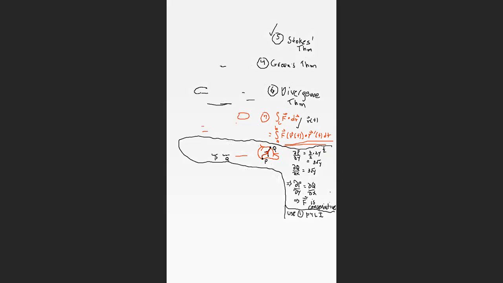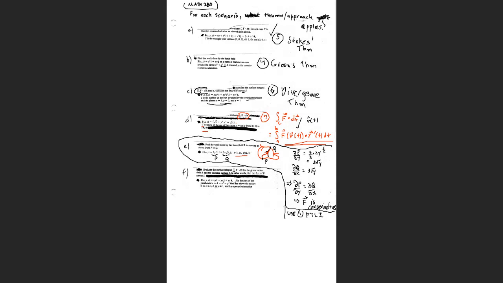It doesn't mean for scenario E that you can't use Formula 7, this line integral formula. It doesn't mean you can't use that, but since the vector field F here is a conservative vector field in scenario E, you can use the fundamental theorem of line integrals.